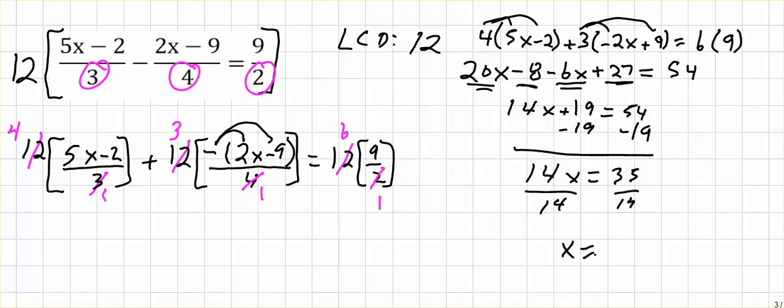If I take the 35 and divide by 14, I get 2.5. If I go back to my fraction, I can divide the top by 7 and the bottom by 7 for reducing, and that'll give us 5/2, which is also equal to 2.5.